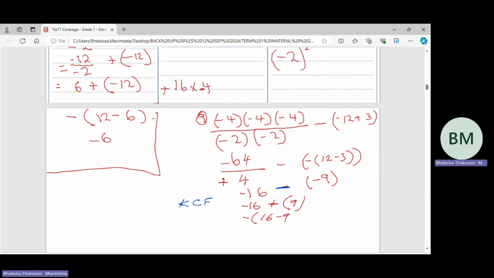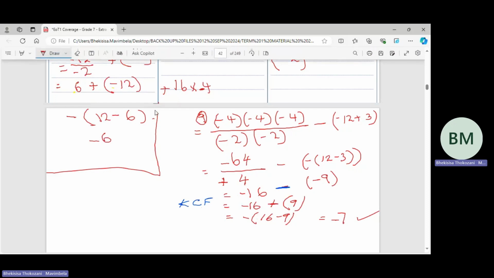So 16 minus 9 is going to give us our answer, equal to 7. But do not forget this negative outside, so this is minus 7. This is our final answer. Okay, I hope that makes sense. And now we're going to move on to the next one.